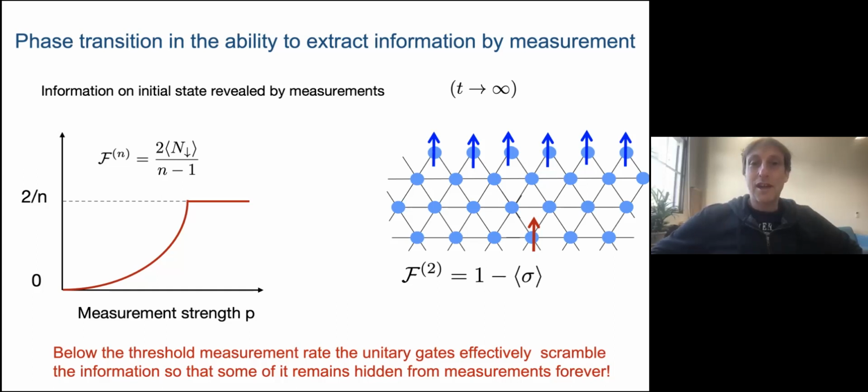Right. Critical. Yeah. I deliberately steered away from discussing the transition itself here. It's actually an open question what the transition is. But yes, there are definitely strong fluctuations.